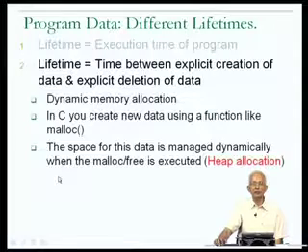Right? Now the space for data of this kind must be allocated when the program is executing. Space for data of this kind cannot be allocated just when the program starts executing, as was the case with static allocation, because when the program starts executing, one cannot be too sure how many different instances of malloc are going to be executed by the program. Therefore, the space for those variables is going to be dynamically created as and when the function malloc is executed, or reclaimed when a function free is executed.